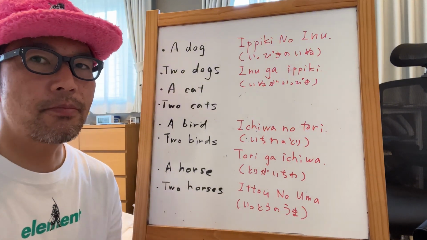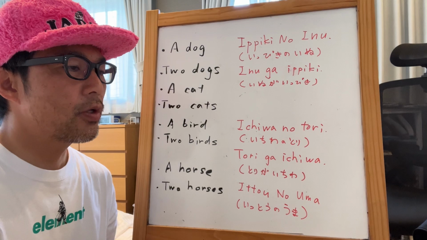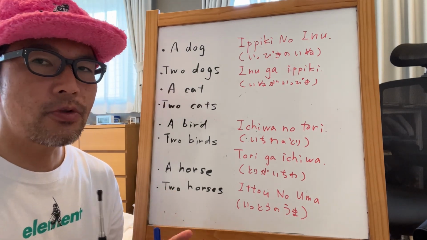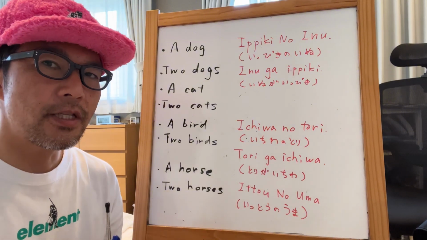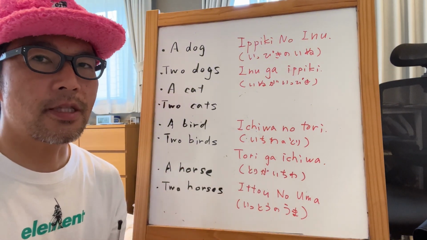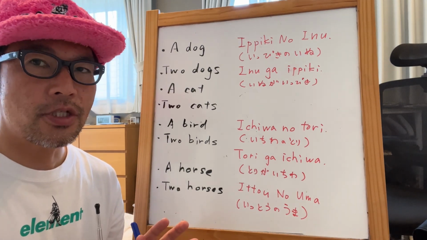It's a little bit complicated. So today, I would like to give you the basics of how to count different animals in different ways. So let's get started with today's Japanese language lesson.